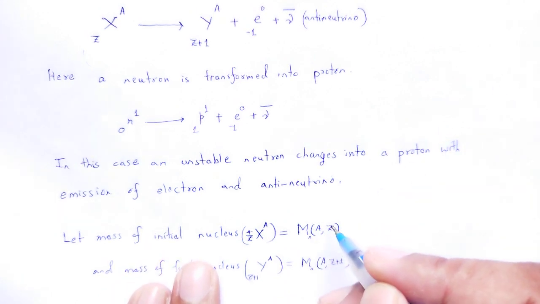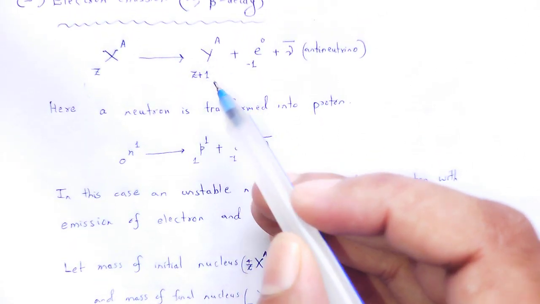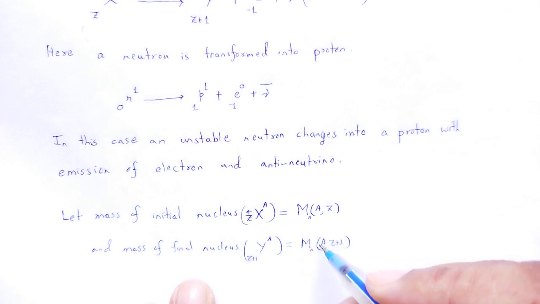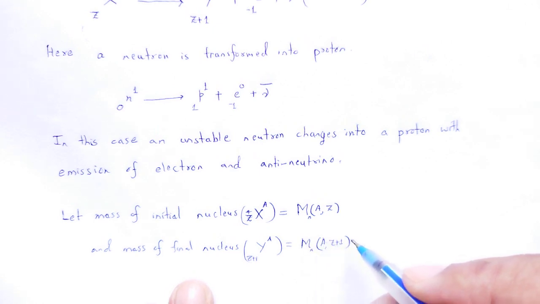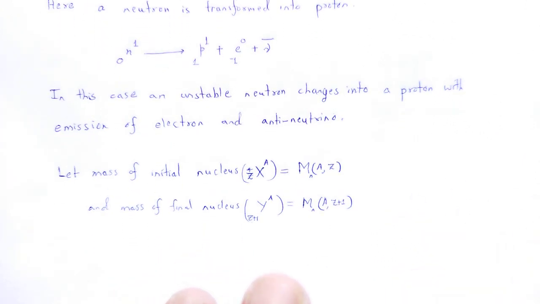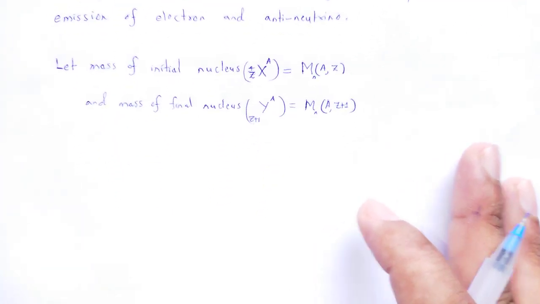This is the mass number, atomic number. Mass of the final nucleus Y, Z plus 1, A, atomic number, this is the mass number. From Einstein's mass energy conservation, we calculate what amount of energy is released.